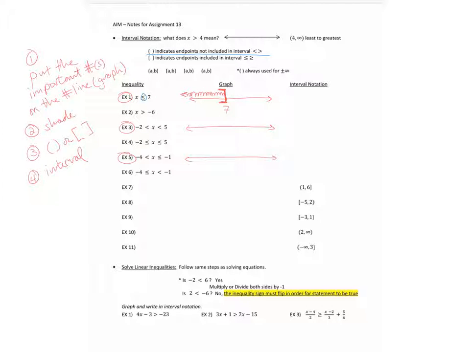The interval notation over here, we need some sort of start and end. And you can see here, we're always going least to greatest. And for the current exercises I'm working through, we can consider this left to right.